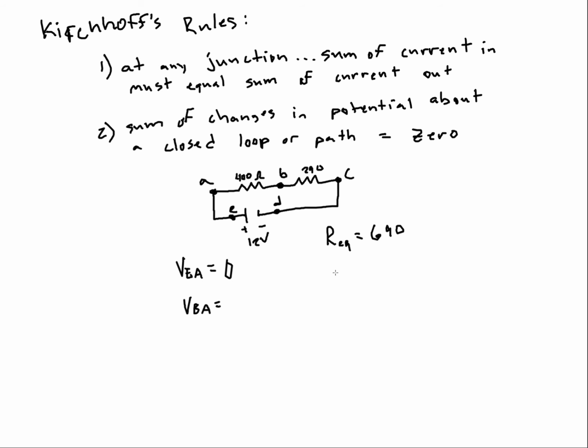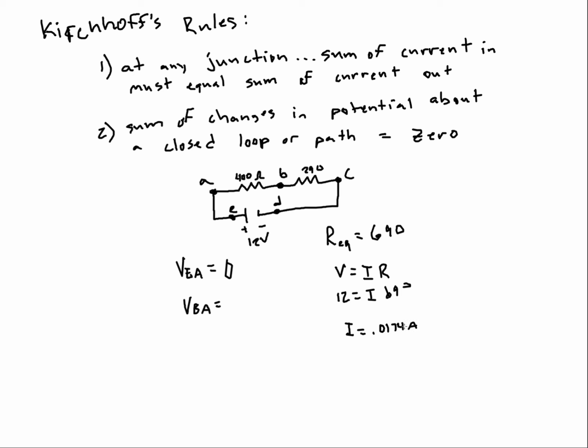And so if I want to know the current being drawn through each of those resistors, I just utilize V equals IR. So 12 equals I times 690. So 12 divided by 690 gives me a current of 0.0174.